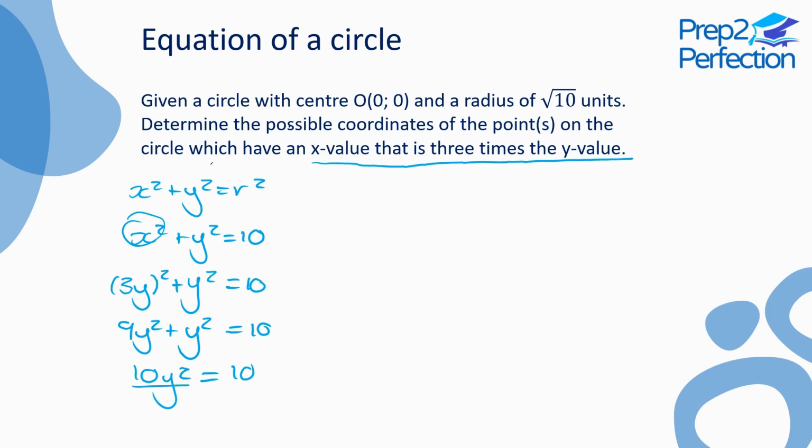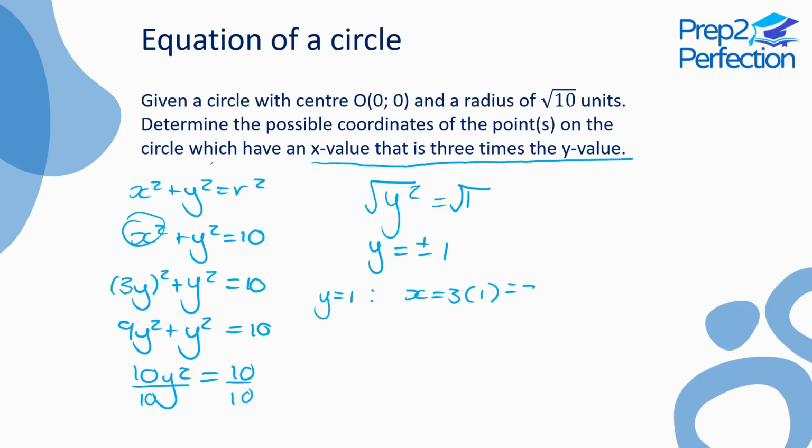We divide both sides by 10. We get y squared equals 1, and then we square root both sides, and then we get that y equals plus or minus 1. So from here we have to work out the x value. So if y is equal to 1, then the x value is equal to 3y, because 3 times y gives us 3.